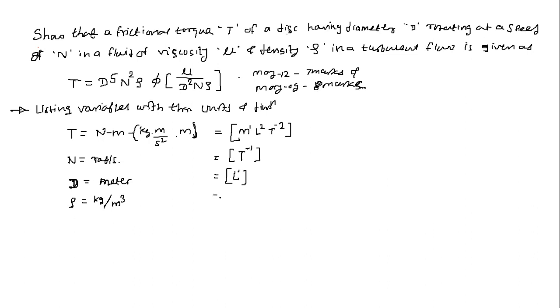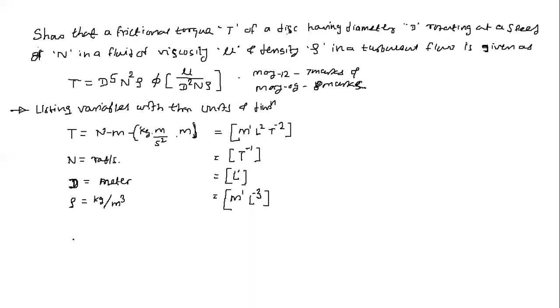So kg is the dimension of mass, so that will be a small m raised to 1. Then meter is the dimension of length, so we'll go for L cube, but that will be L raised to -3. Why -3? Because it is in the denominator here. So 1, 2, 3, 4, what remains?